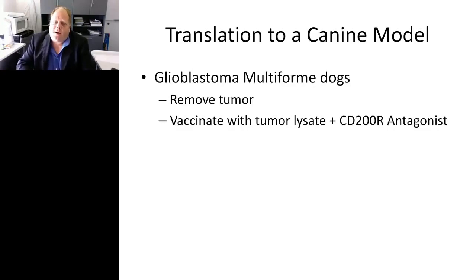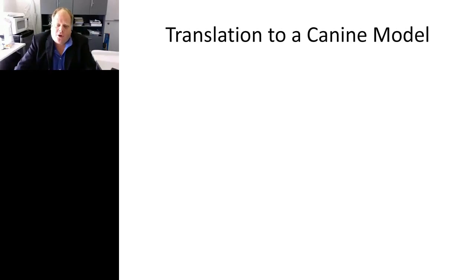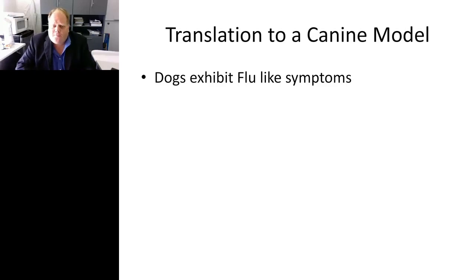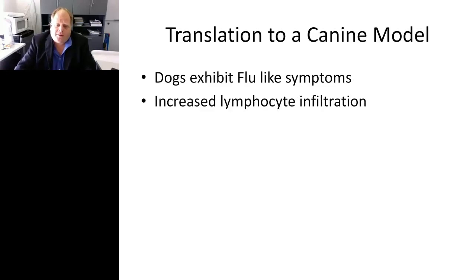These dogs come to the clinic demonstrating disease, and we diagnose them with high-grade gliomas. We remove the gliomas, and we make a tumor lysate-based vaccine, and we added the antagonists to these vaccines. And what we're showing is that some of the dogs exhibit flu-like symptoms, which we've seen in our human patients who respond to immunotherapy.